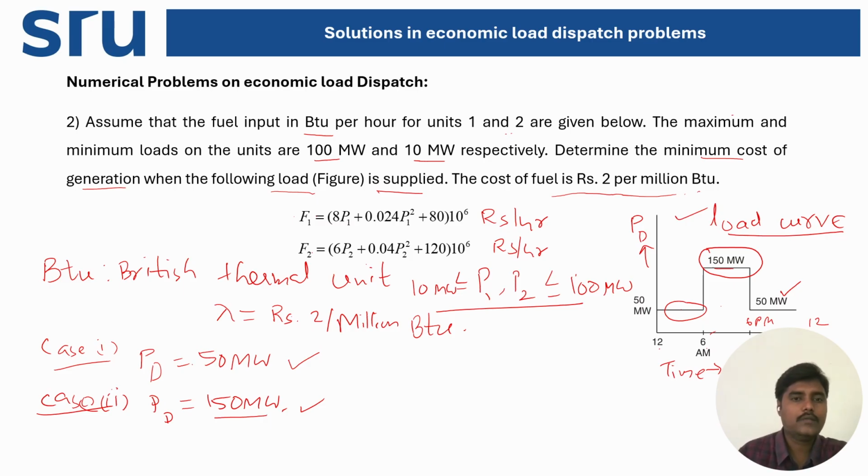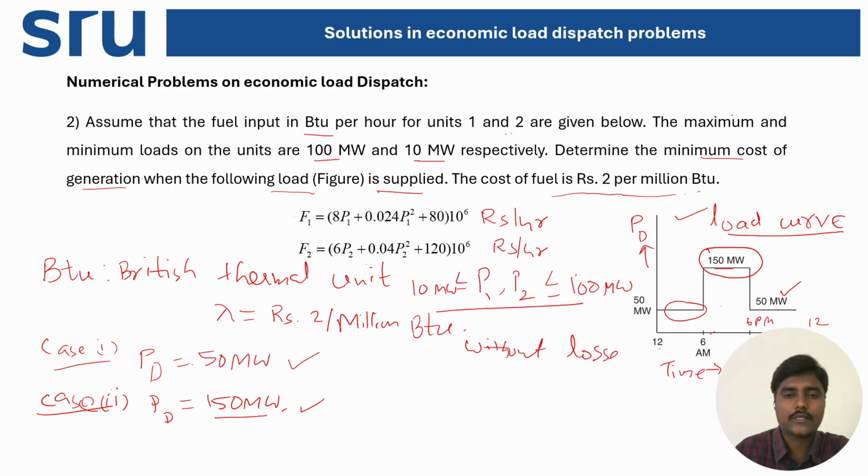In case 1, first let's try to identify whether this particular problem belongs to case 1 or case 2. In my opinion, case 1 is nothing but without losses, and case 2 is nothing but with losses. Here there is no information with respect to losses, so this particular problem belongs to the without losses case.